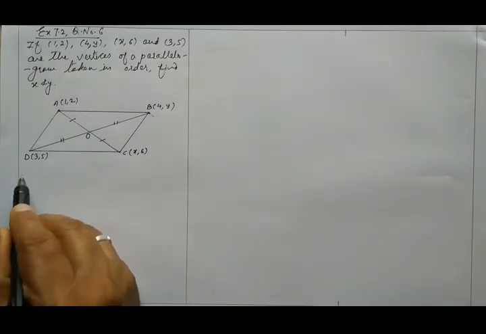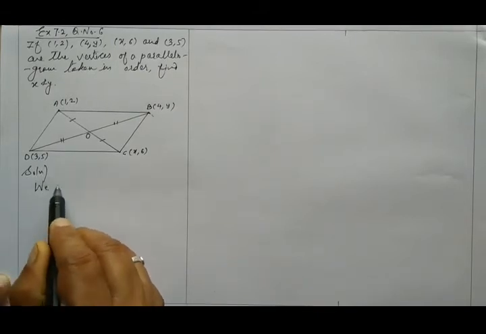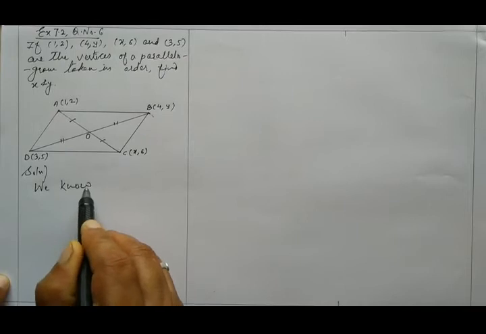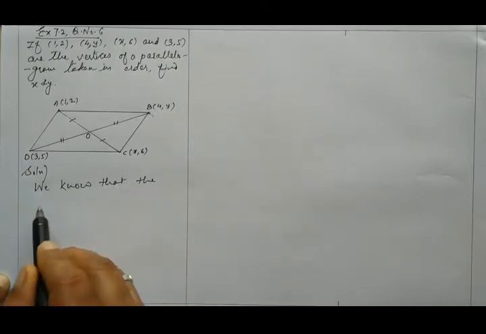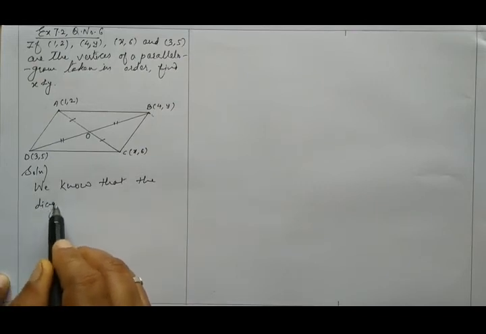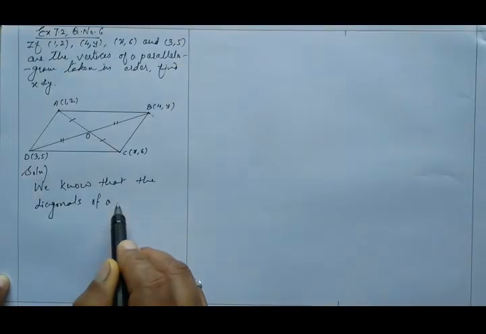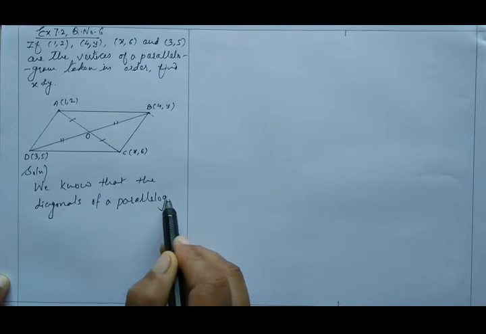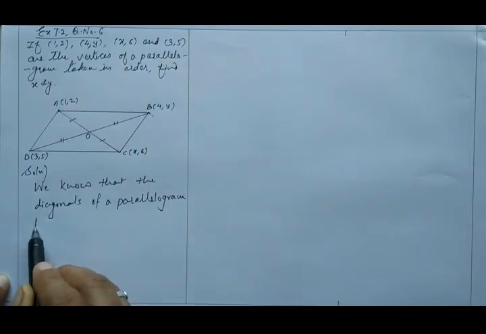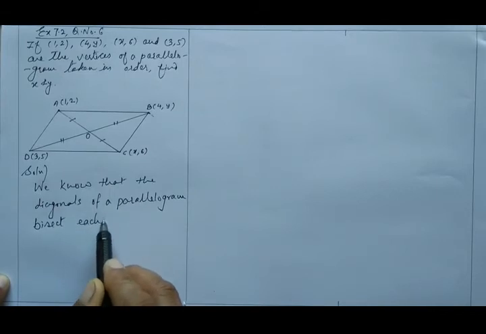Okay, so solution. We know that the diagonals of a parallelogram bisect each other.